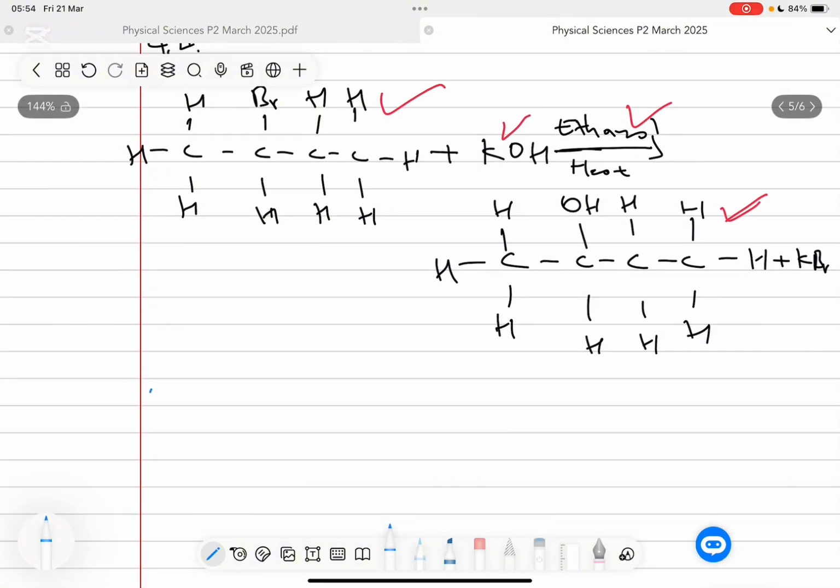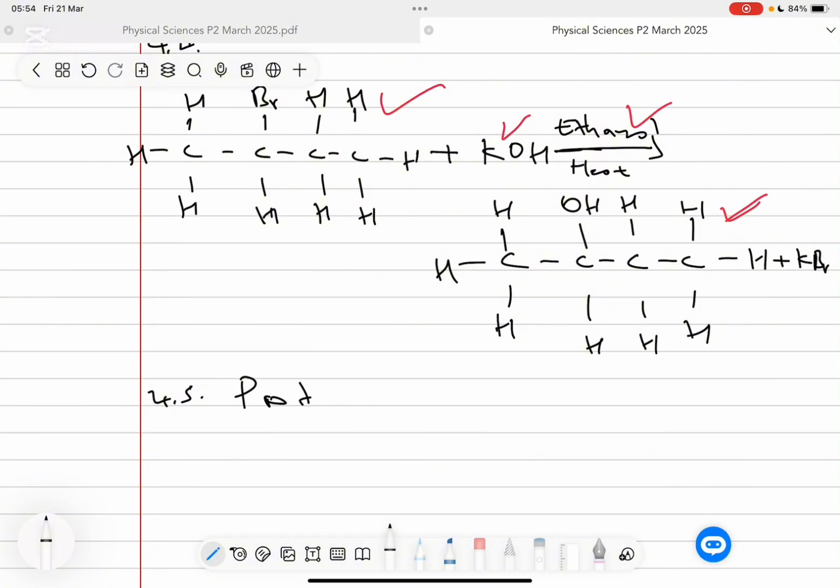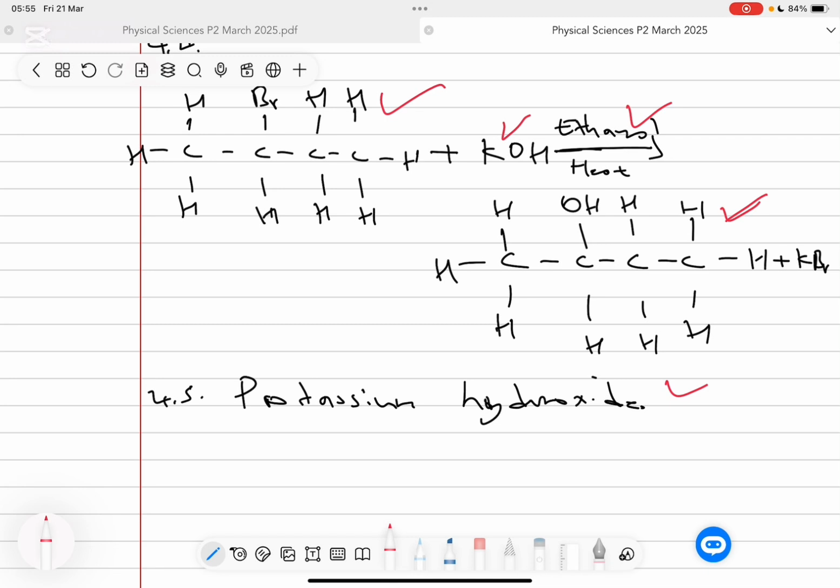So to answer this question is a really quick 1 mark question. Here you are smiling because you are bagging all your marks here. So I will say this is the potassium. Remember K is potassium hydroxide. That is our base. It's then going to give us 1 mark.